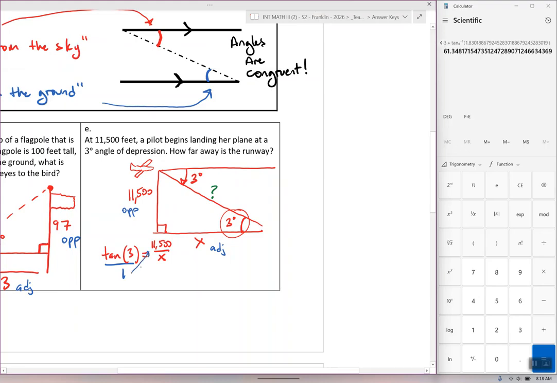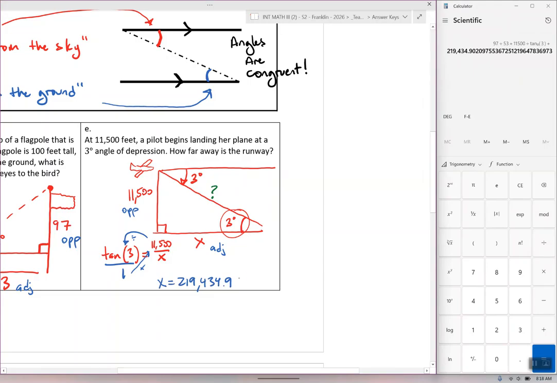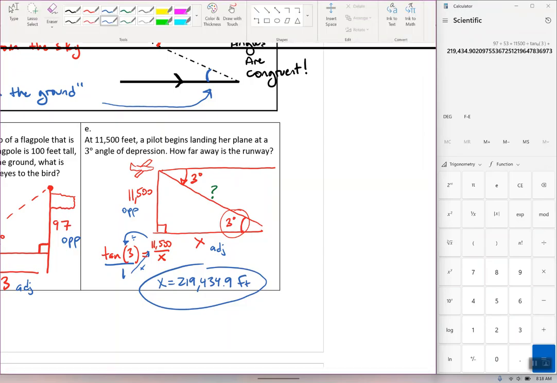So we'll multiply 1 times 11,500 divided by the tangent of 3. So 11,500 divided by the tangent of 3 gives us 219,434.9 feet. Pretty far, but remember we're talking in terms of aviation here, how many feet a plane has to fly.